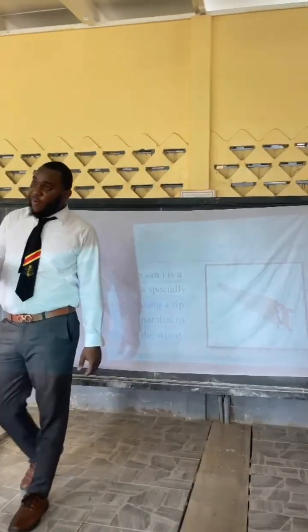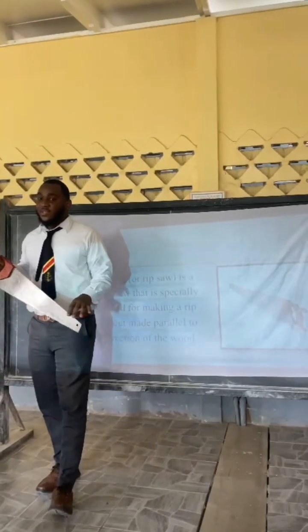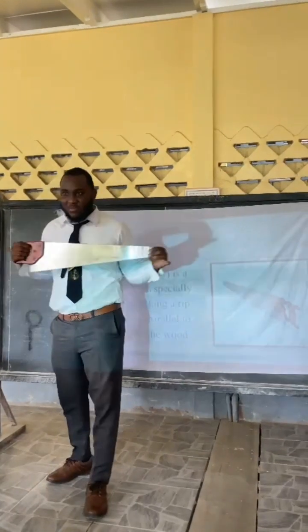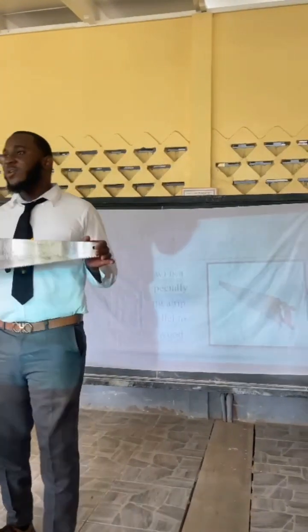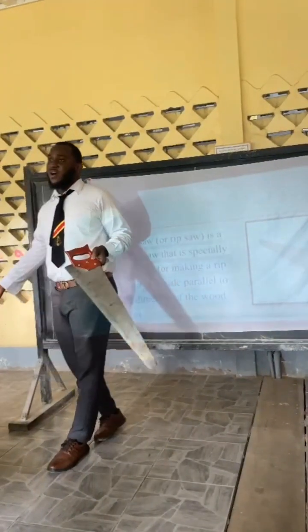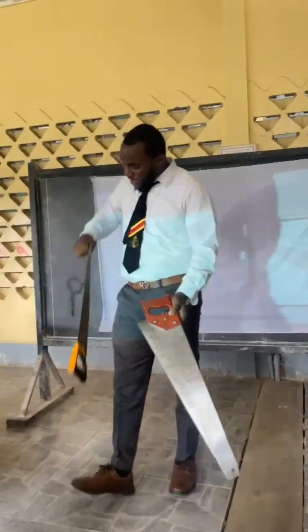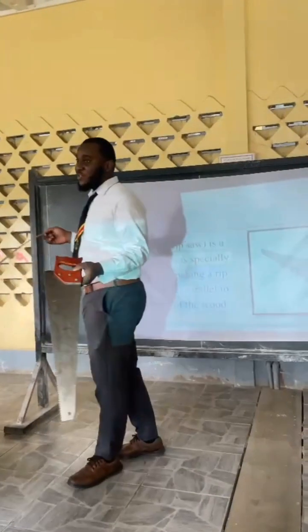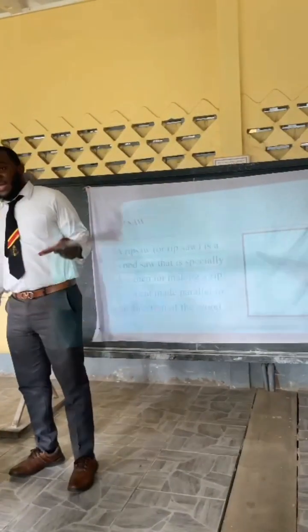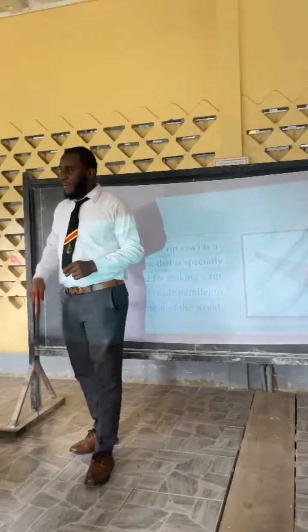Every time you push forward the saw cuts, and every time you pull back, it won't cut at all. No matter how hard you pull it back, it won't cut. Unlike the crosscut saw, where every time you push forward and backward, timber is being cut. Unlike that, the rip saw only cuts in one direction.